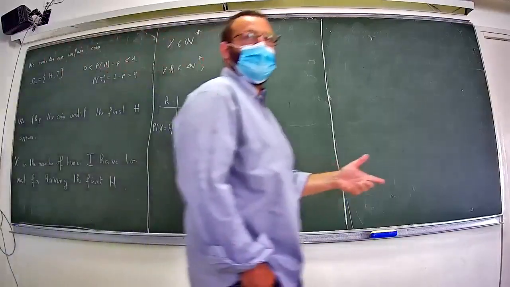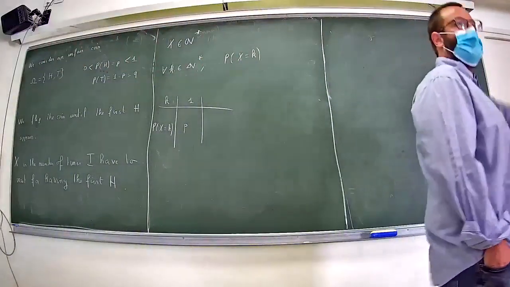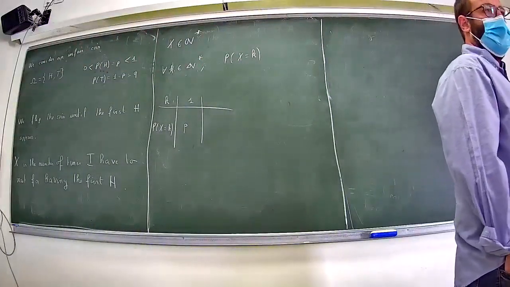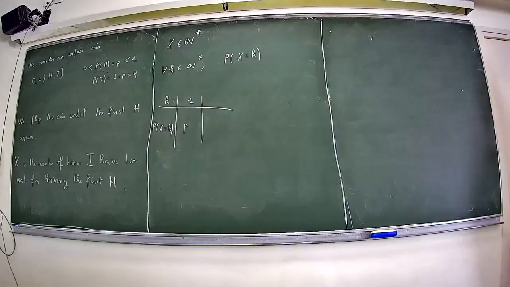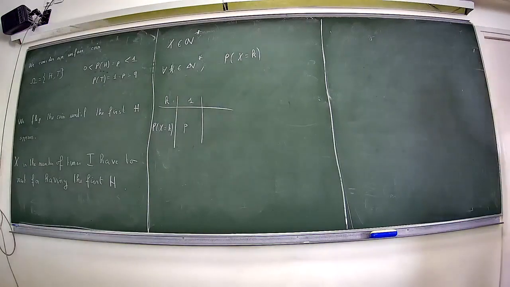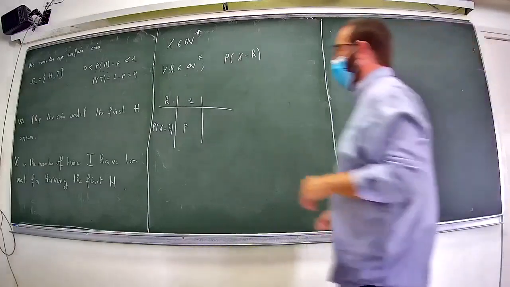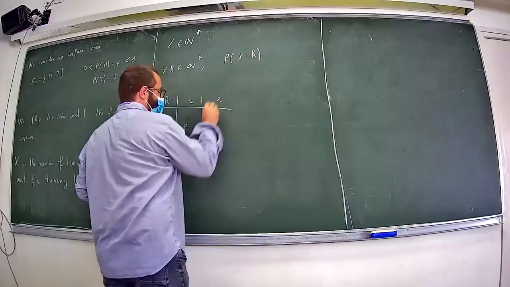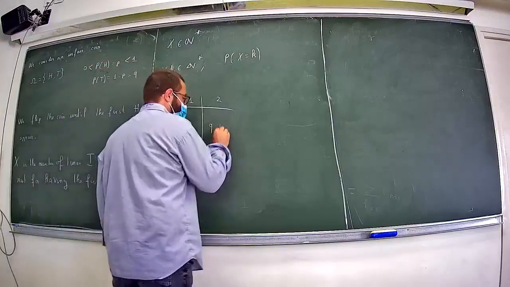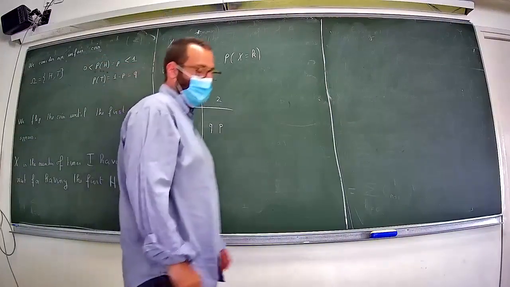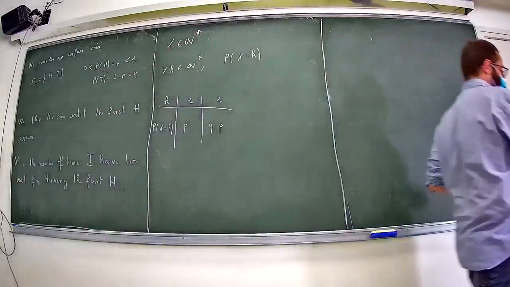I flip it another time, so there is no reason that there is a link between the first and the second toss. So by independence, it's the product of the probabilities: probability q to first obtain tail and probability p to obtain head.